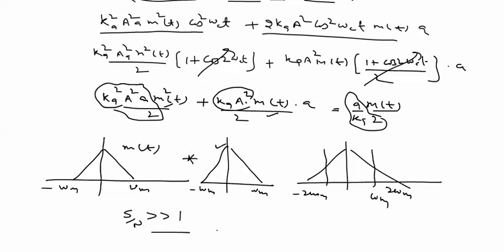So we can calculate the minimum SNR value, signal to noise ratio. The desirable component is known as signal, and the non-desirable component is known as noise. The desirable component coefficient is k m.